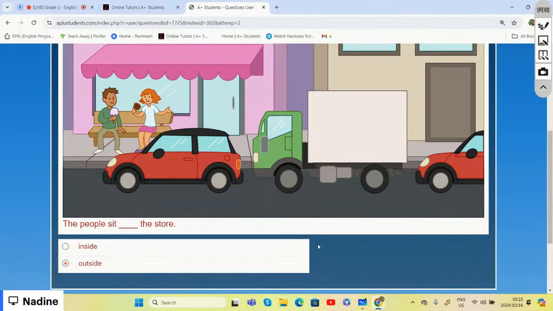Because remember, they're not in the store, they're outside of the store. Remember, we are only showing the preposition, and prepositions are words like under, in, on top of, inside, outside. But well done, yes. The people are sitting outside and chatting. Well done.